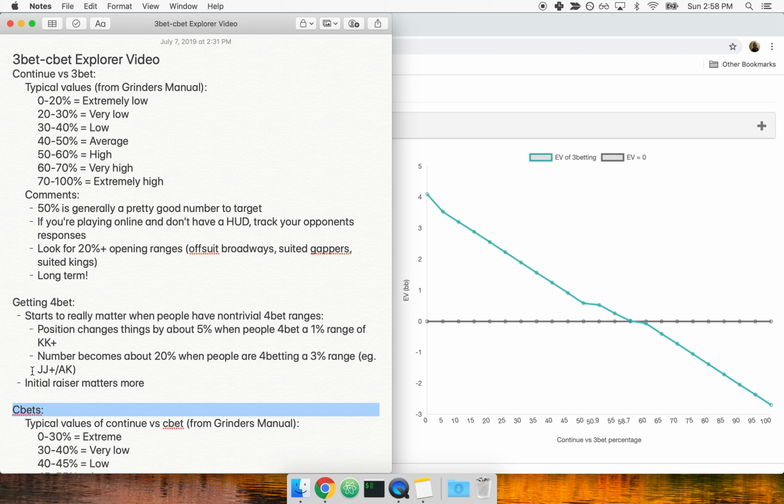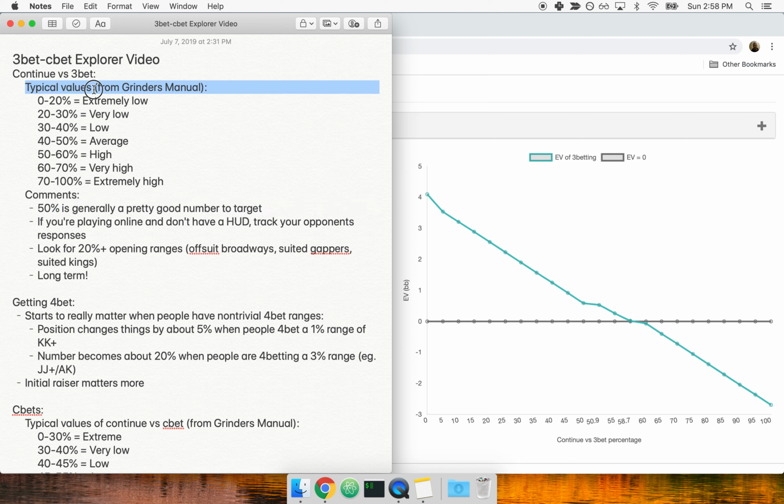At different values for these inputs, the 50% number is going to change. But if you're against an unknown and you think all the other inputs are pretty standard, 50% is a good number to target. If they're folding more than 50% of the time, you're usually pretty good.